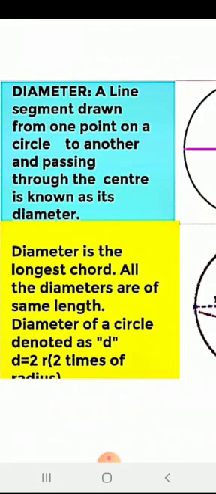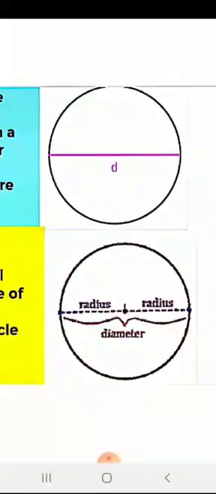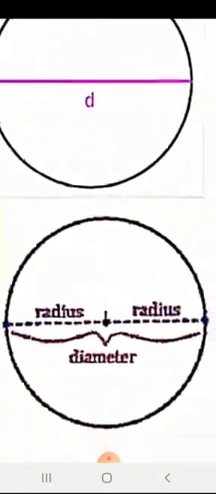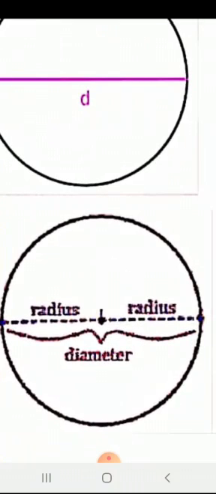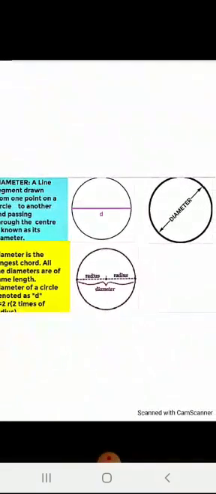Because it passes through the center. So all the diameters are of the same length. Diameter is denoted by the letter D. Diameter is equal to 2 times the radius. Why? See the figure: from one point to the center is one radius, and from the center to the other point is another radius. If you join these two radii, we get 2 times the radius.